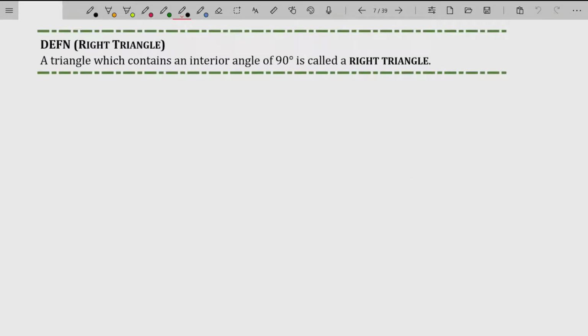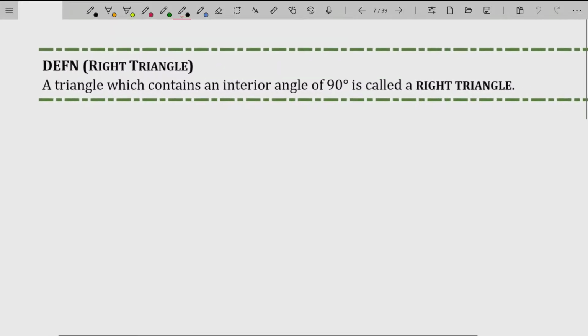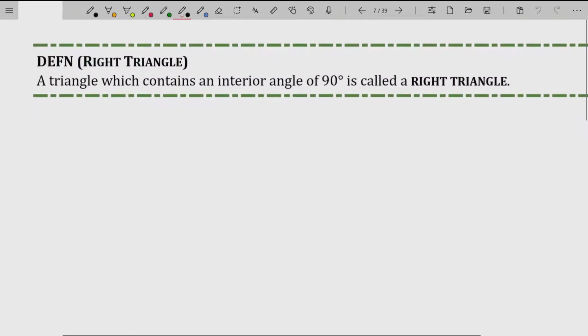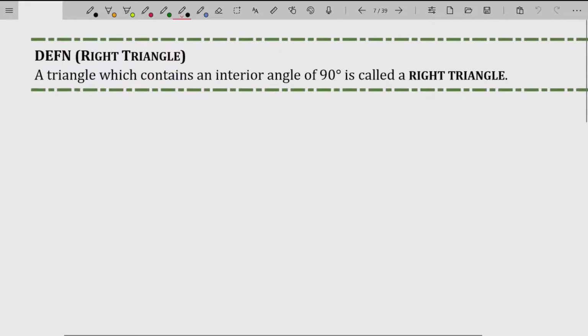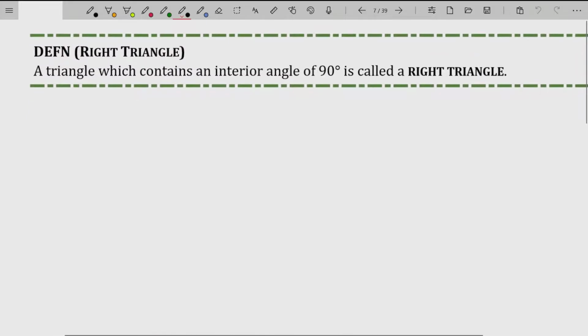But now we get to the heavy hitter. This is where pretty much trigonometry starts, with right triangles. A triangle which contains an internal angle of 90 degrees is called a right triangle. There's really not a lot I could say about that other than that there's a lot of right triangles.